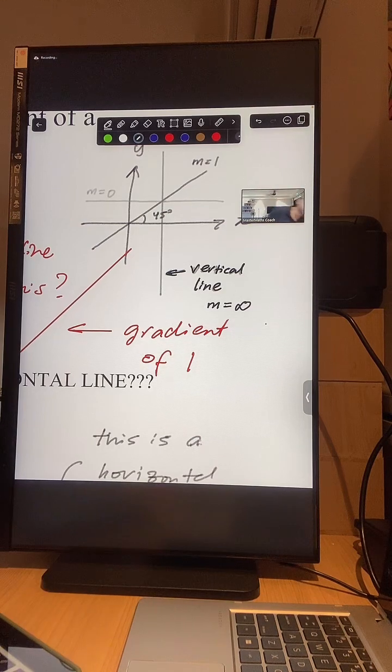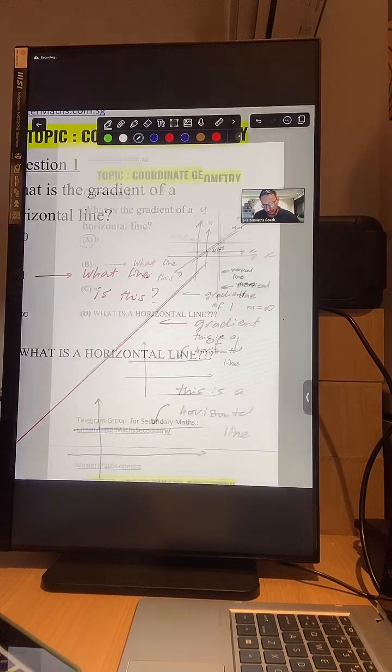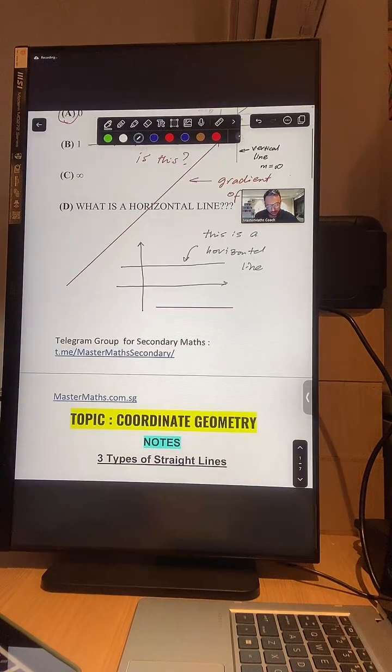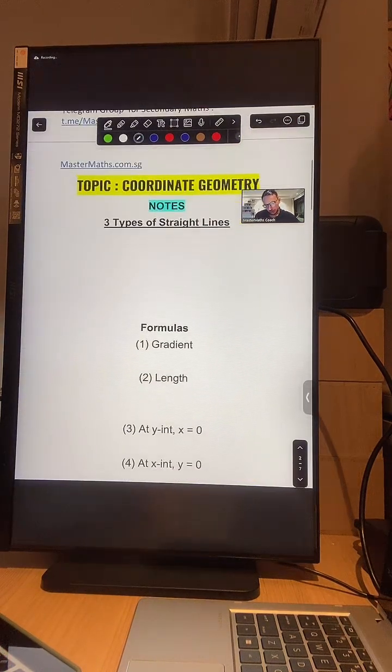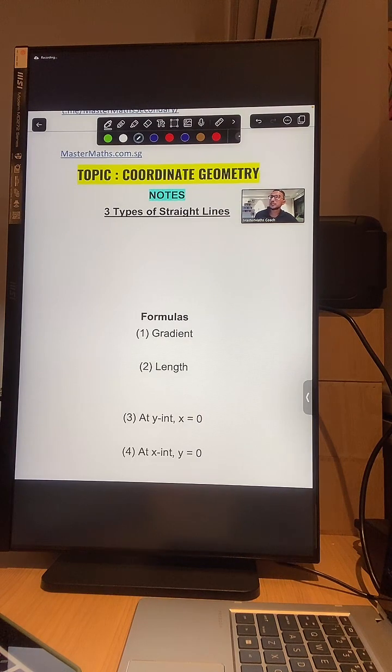Okay, so let's move on to the next question. Okay, so before we go into the next question, here we talk about 3 types of straight lines.